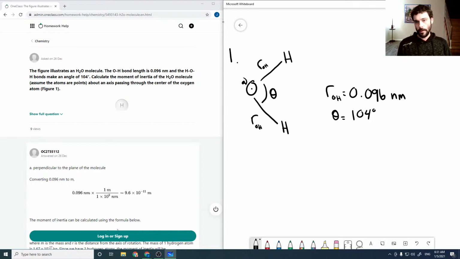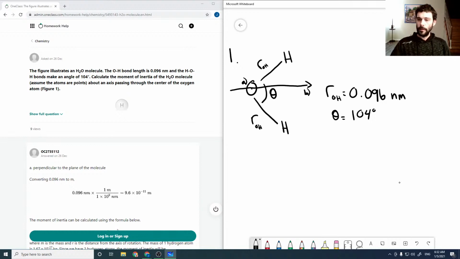That's A. And B is an axis which passes through and bisects the bond. That doesn't really bisect the bond as I've drawn it there, but I wouldn't be able to draw it otherwise. So it should be equal on both sides for B.